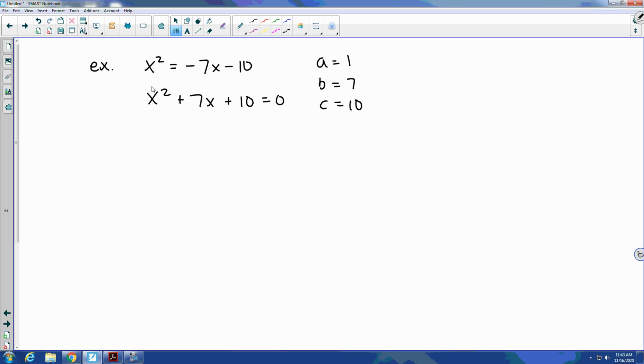If we tried to identify A, B, and C from the initial equation that was presented, we're going to misidentify B and C by calling them negative 7 and negative 10, and therefore that will throw off our answer. So once we've identified A, B, and C, substitute into the equation.